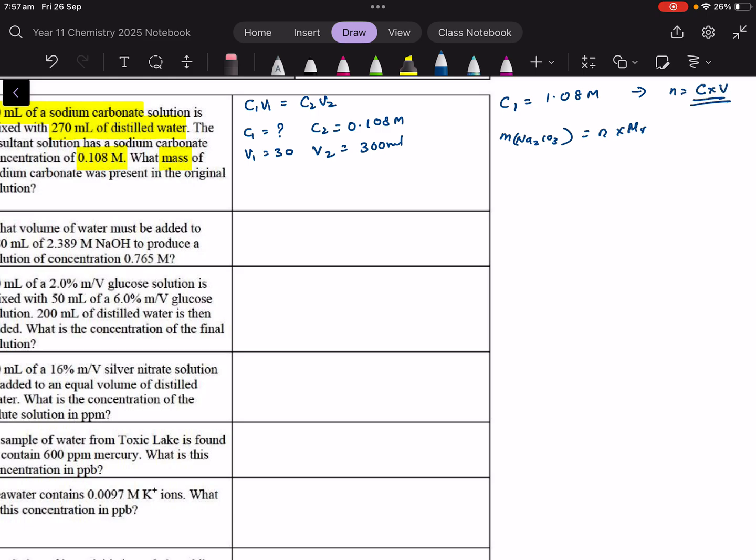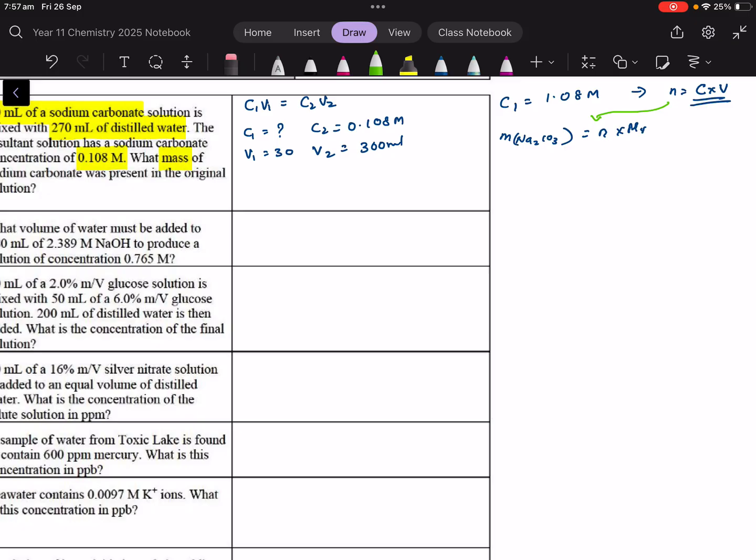So now you know the concentration, and how much volume is there in that solution. It's actually 300 milliliters, remember? So find out the moles and then bring it back into here and calculate the mass. So I'll leave you to work that out.